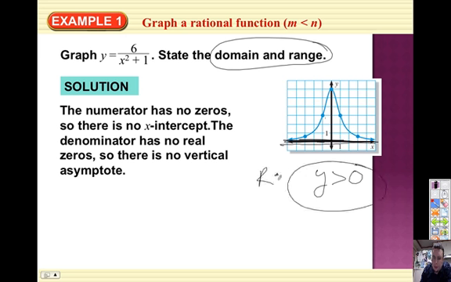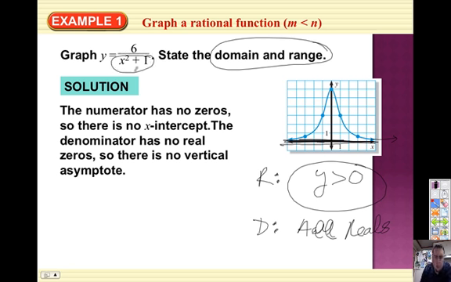That's your range. Now your domain, look what it does. It goes the whole way to the right, and the whole way to the left. So if you're looking left and right, everything is covered. So your domain in this case is all reals. Now how do you tell that just by looking at this?